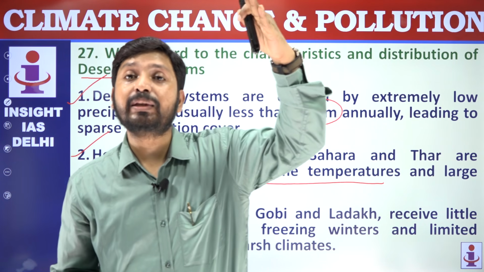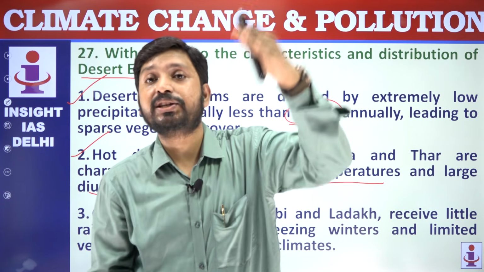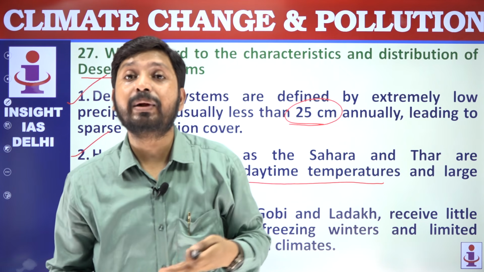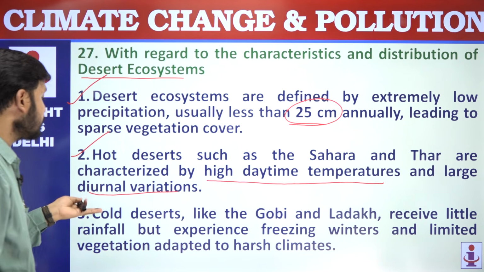So this variation between high and low temperature, the diurnal variation, is very high in desert regions. That is what they have mentioned.